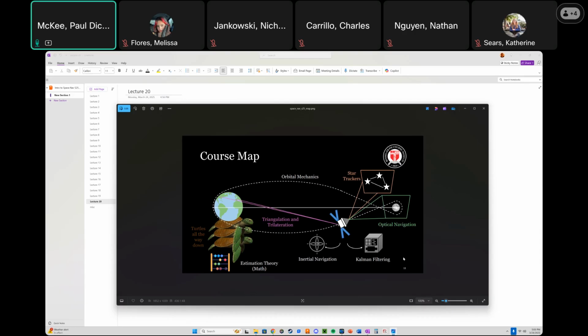And I alluded during that lecture to another way of doing things, which really deserves its own unit, and here we are. It's a return to an estimation theory framework, but now we're not handling the measurements all at once. We're keeping a running tally of where we think we are, a running guess, and that is Kalman filtering. The little icon in the course map for Kalman filtering is not meant to be a robot head.